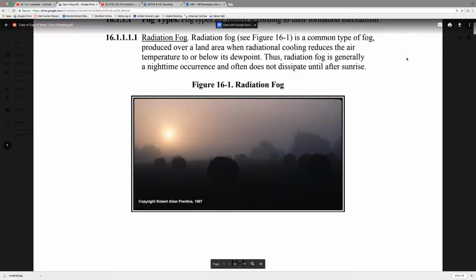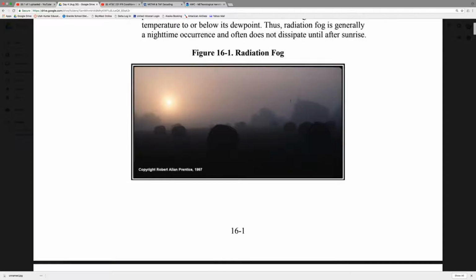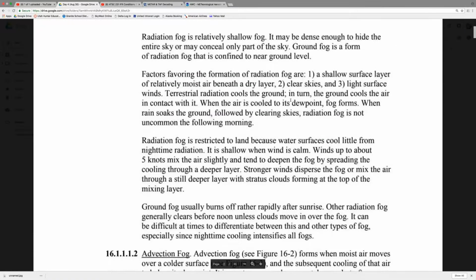It's one or the other or a combination of both, both of them coming and meeting together. We call that the temperature dew point spread. So radiation fog: light winds, and the temperature falls to the dew point.